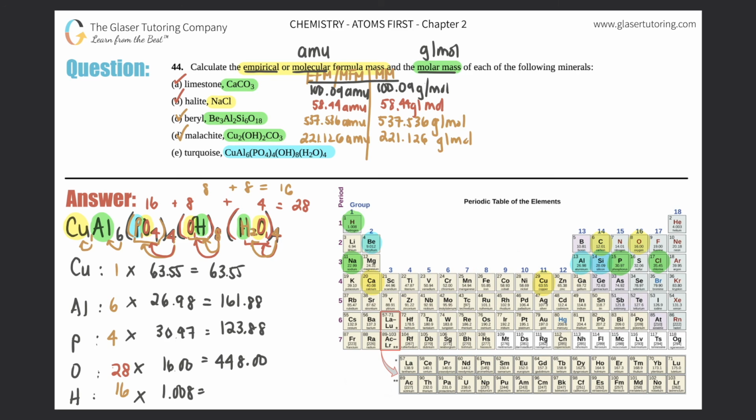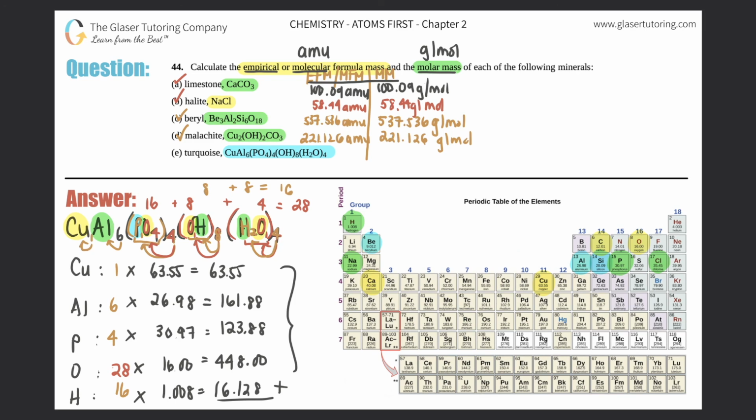So 16 times 1.008, we get 16.128. And what do we do? We add them all up. So all of these numbers, we add them up. So 63.55 plus 161.88 plus 123.88 plus 448 plus 16.128.